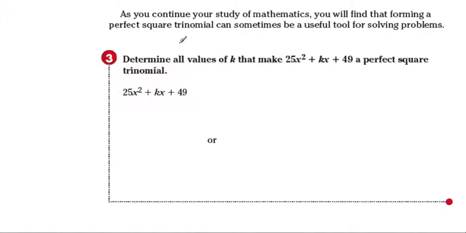As you continue your study of mathematics, you will find that forming a perfect square trinomial can sometimes be a useful tool for solving problems. Let's take a look at example number 3. Determine all values for k that make 25x squared plus kx plus 49 a perfect square trinomial.